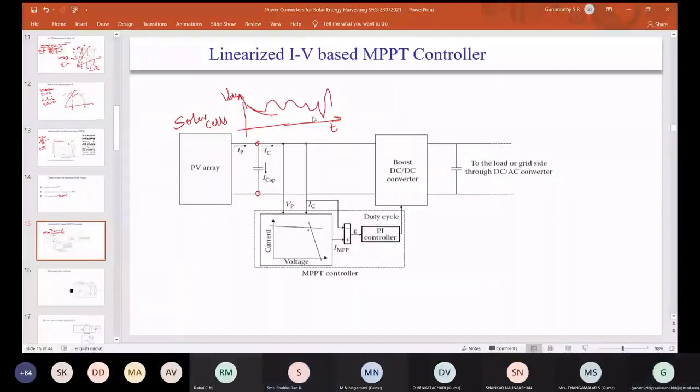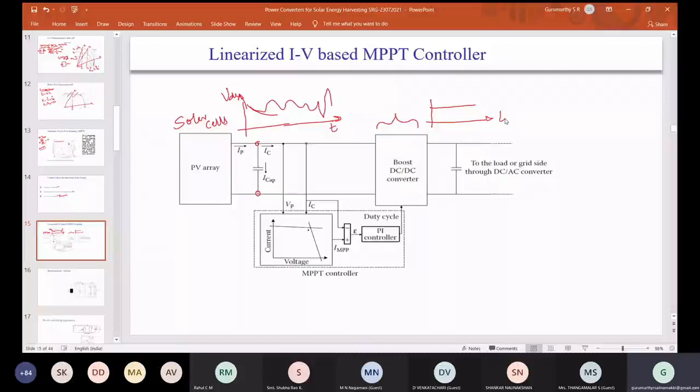So here you have to have this block, which is our power converter. By introducing this block, you are making the output like this, a fixed VO.